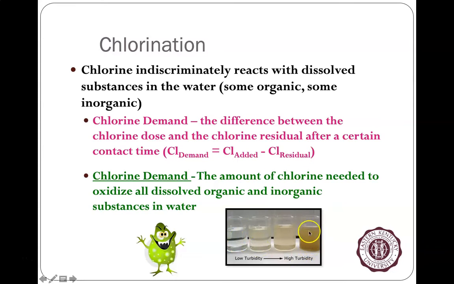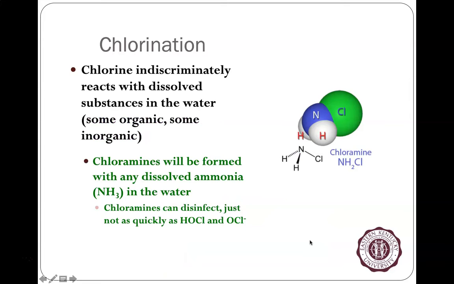A lot of our chlorine would be bound here and form also a lot of reactive oxidative species. It would form a lot of disinfection byproducts. So we wouldn't want to chlorinate this water. We would want to clear this water up first. So again, chlorine interacts indiscriminately with substances in the water. One of the first things that's formed are chloramines.